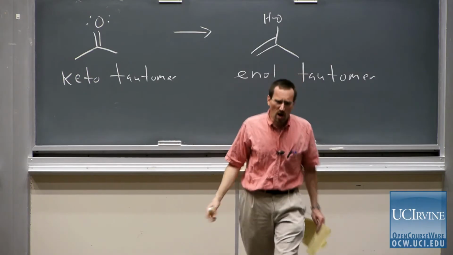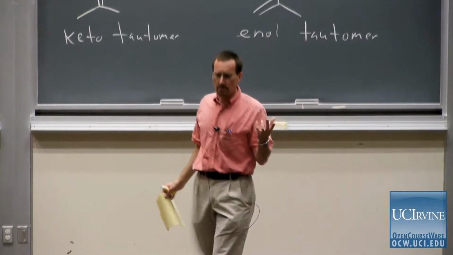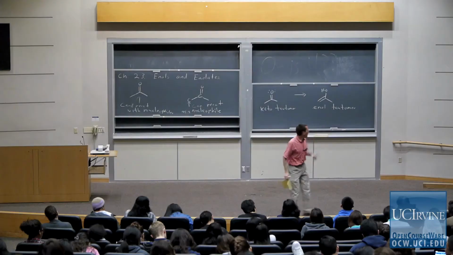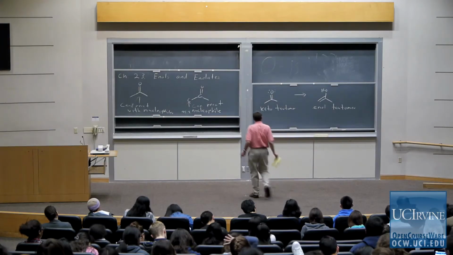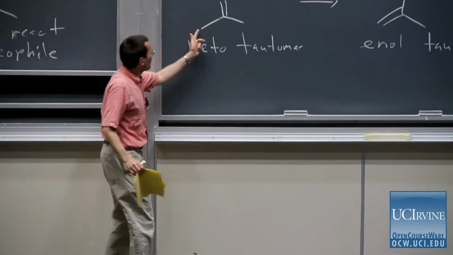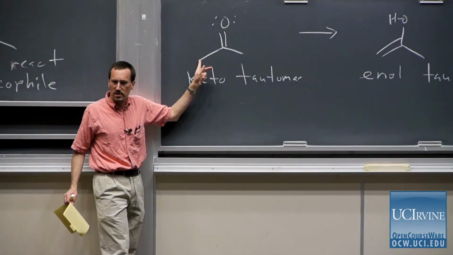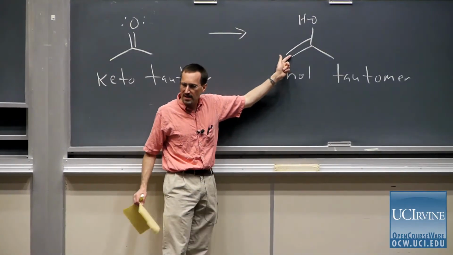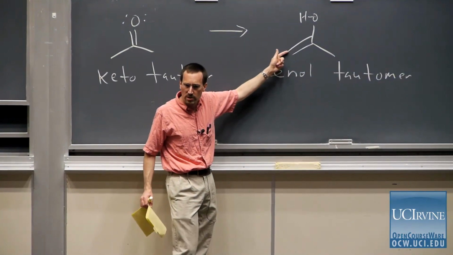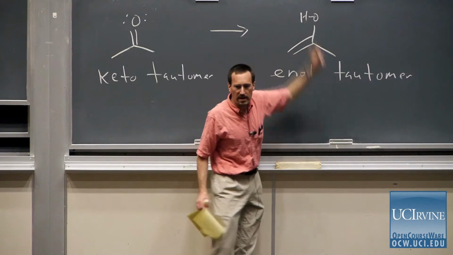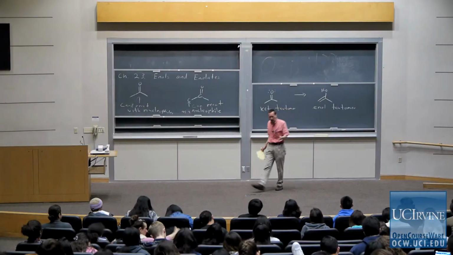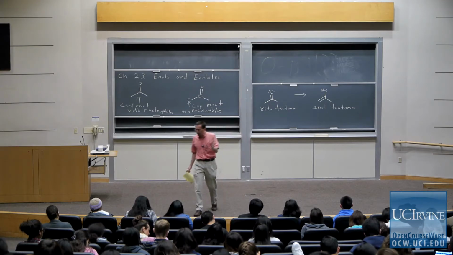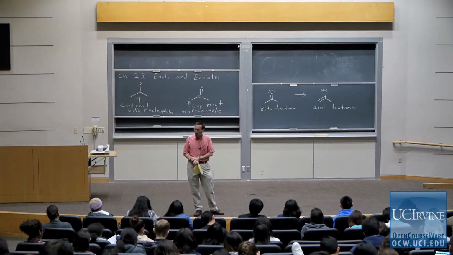Tautomer means an isomer where you've moved hydrogen around. And so you notice, of course, if this is acetone here, we have 3 hydrogens attached to this carbon. And then in this particular enol of acetone, we would have 2 hydrogens attached and 1 here. So that's the same molecular formula, and yet a different arrangement of atoms.